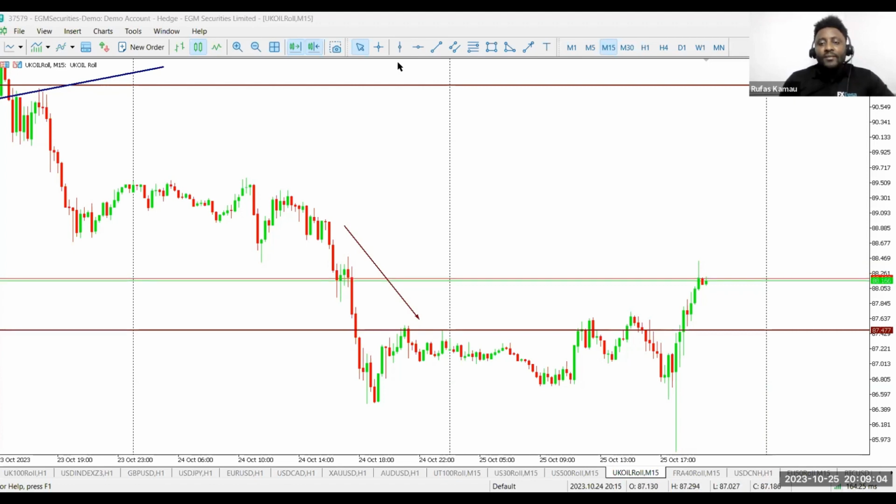So the number one thing when we talk about position sizing is trying to determine how much money I should risk in a trade. This is quite a common problem for the majority of beginner traders, as well as intermediate traders.